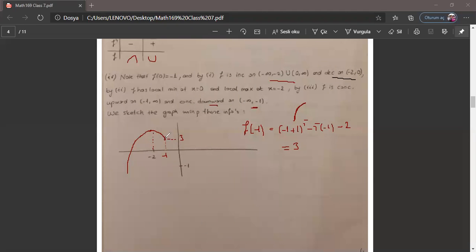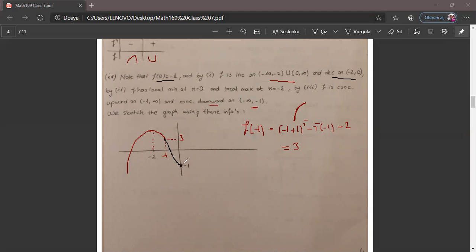So still we have this, to the 0, sorry, at 0 it's -1, so we have this. Okay, so after this point 0, we use this to get here.